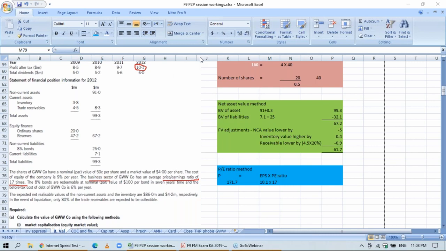In this case, I have done it directly. I've got the market value of the whole company together. Okay, so moving on ahead now.